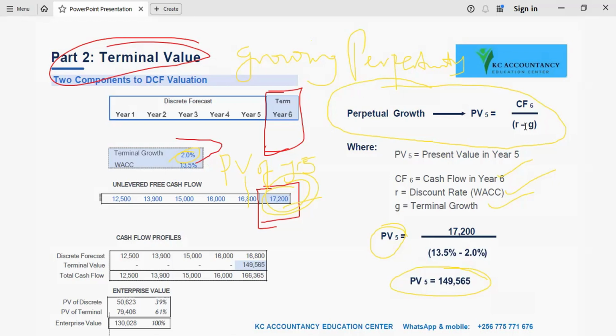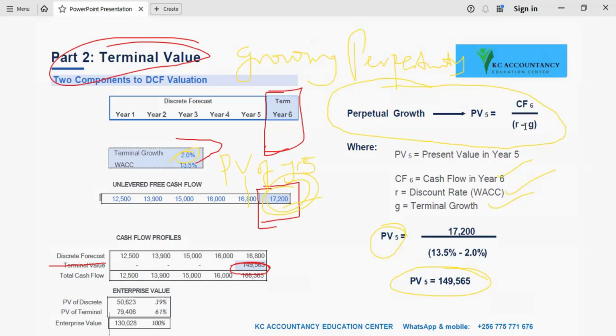You can see this value here in blue in this row. That is the terminal value. Remember, the reason we are not putting it in year 6 is that our discrete values stopped in year 5.